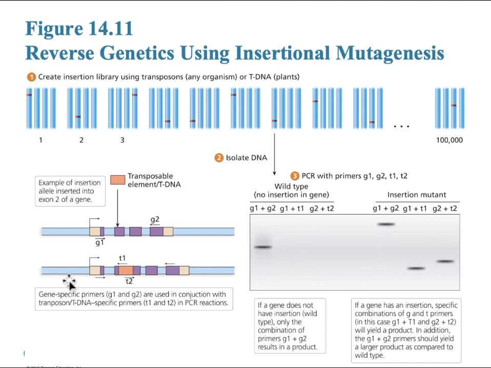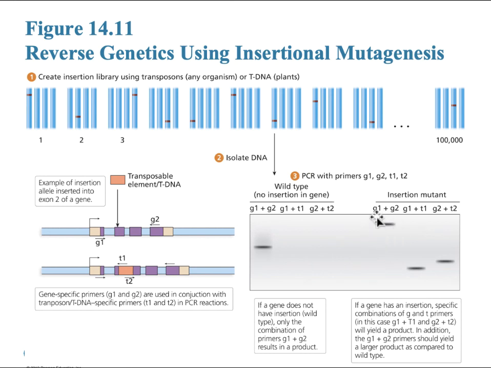If you're lucky, somewhere in the library there should be a place where the primers are aligned in an appropriate configuration, because the transposable element has gone in, in this particular example, at this location in intron 2. If that's the case, then the PCR will produce three types of fragments. They'll produce the original fragment between the outside primers, but that fragment will be longer than in the non-transposed gene, and that's indicated by having a fragment that's bigger.